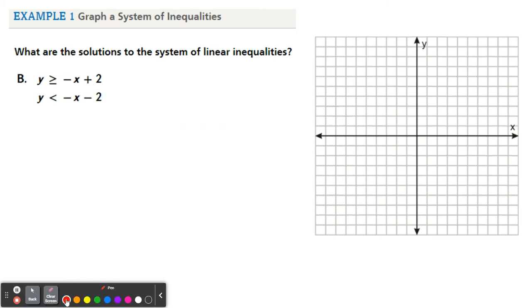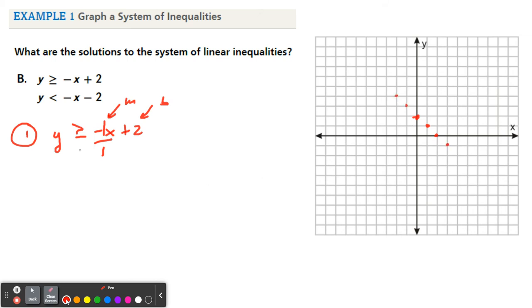All right, so again, same thing. We're going to graph this system and find the solution space. So our first inequality is in slope-intercept form. Y is greater than or equal to -x plus 2. Again, there's your b. Your slope is -1. Put it over 1. That's your slope. So we're going to start with our b value, go up 2, and I'm going to go down 1, right 1. I'll go up 1, left 1.